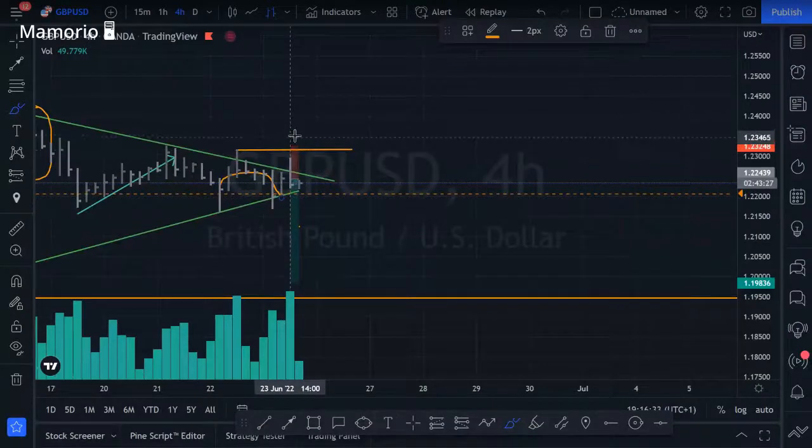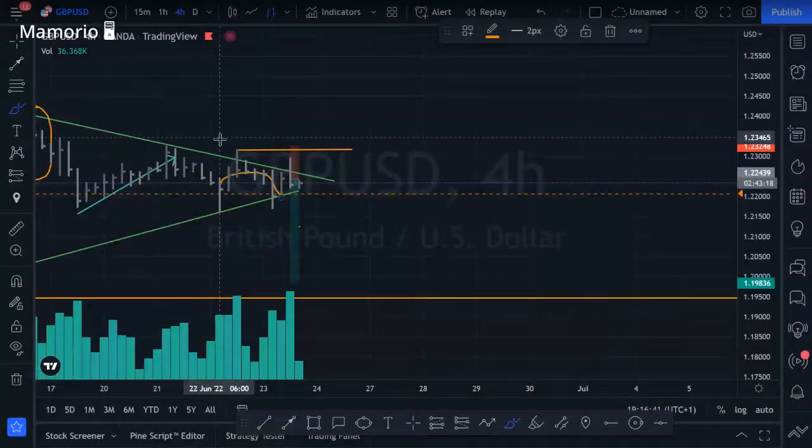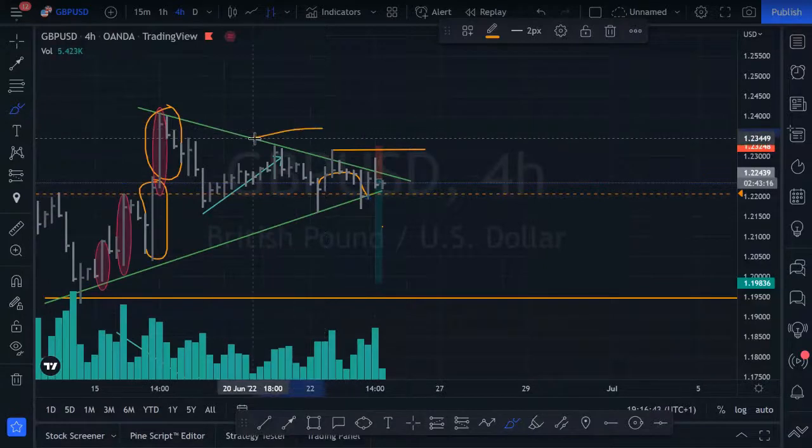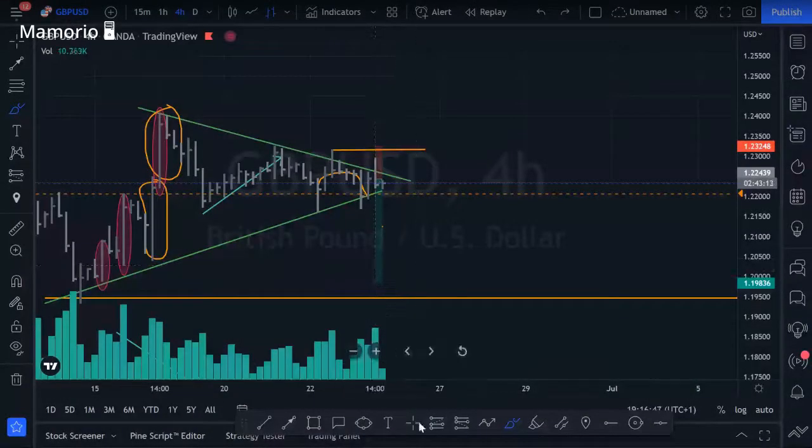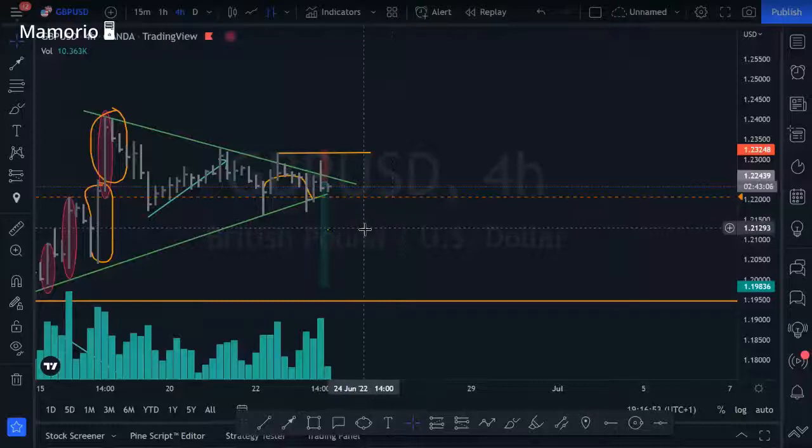We have a U. This is to indicate the price is being rejected. Higher prices are being rejected. So you can't buy this market. We are confirming sales here.